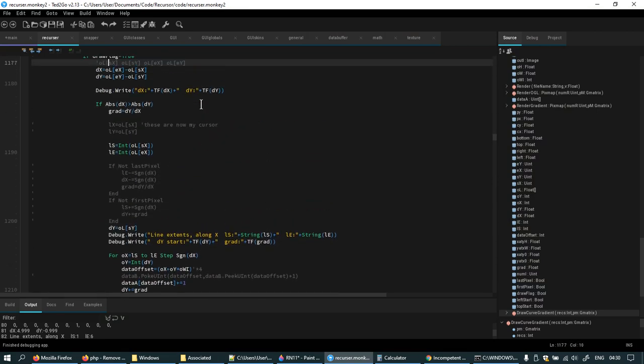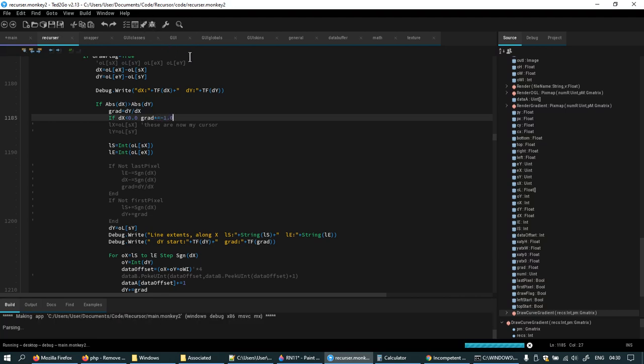Drive myself insane with my mouse first, obviously. If dx is less than 0.0, grad times 0.1 times equals minus 1.0. Yeah, I'm just going to not think too hard. That's never caused me problems in the past.